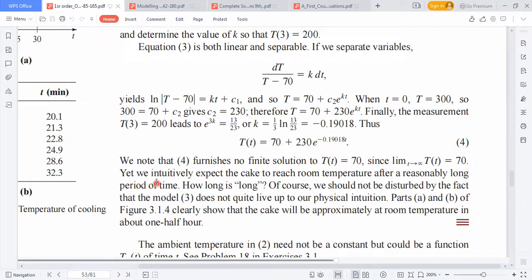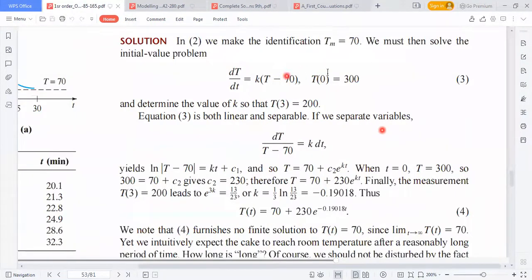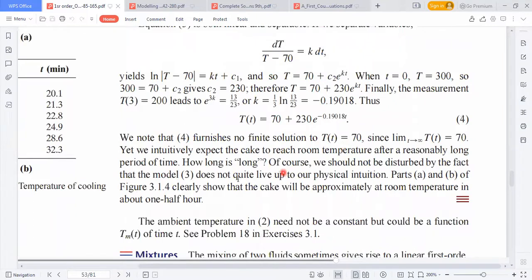So intuitively we expect the cake to reach room temperature after a reasonably long period of time. We should not be disturbed by the fact that model 3, the main differential equation initial value problem, Newton's law of cooling formula, does not quite live up to our physical intuition.